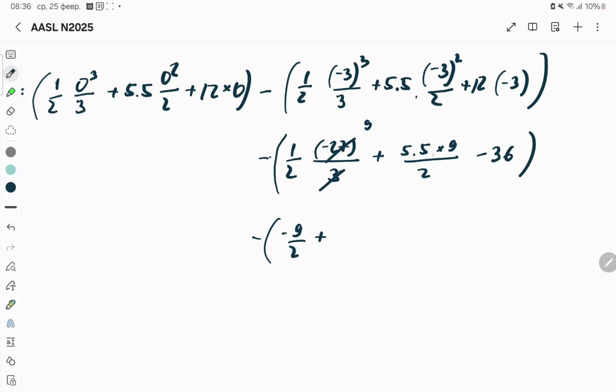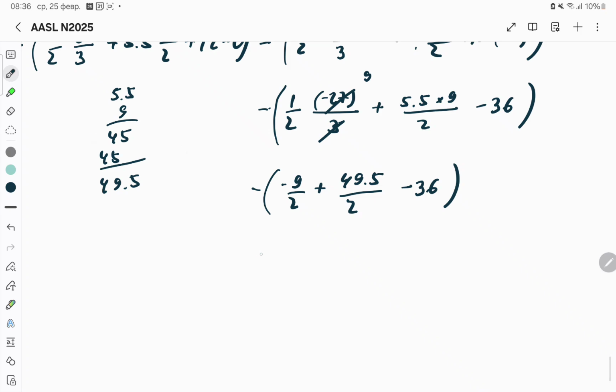Here, 5.5 times 9, so it is 5 times 9, 45, and 4.5, right? So it's 49.5 over 2, minus 36.